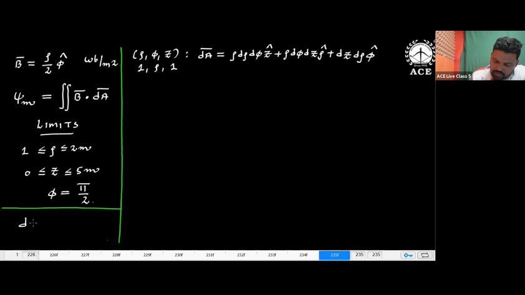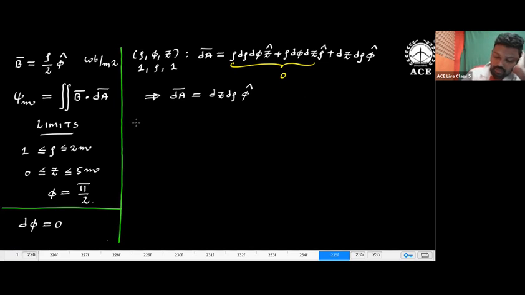So what about this d phi? D phi is equal to 0. That means the first two terms are 0. So what is this dA? dA is equal to dz d rho phi cap.